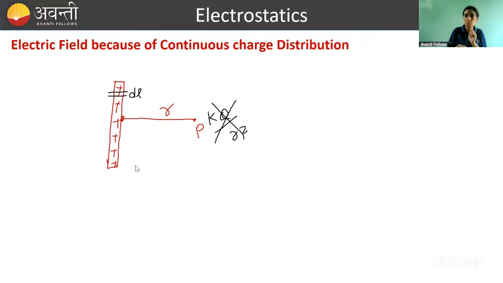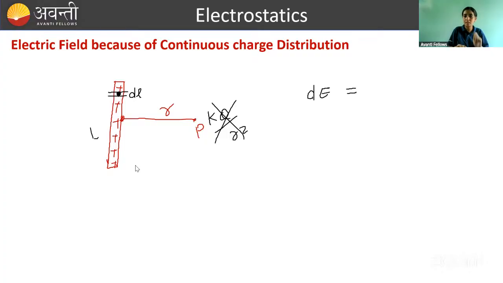If it is very small, then we can say that whatever charge is here will act as a point charge. Now let's calculate the value of electric field because of the charge contained in dl length at point P. Let's say the electric field value because of dl length charge is equal to dE. So what will you write for dE?